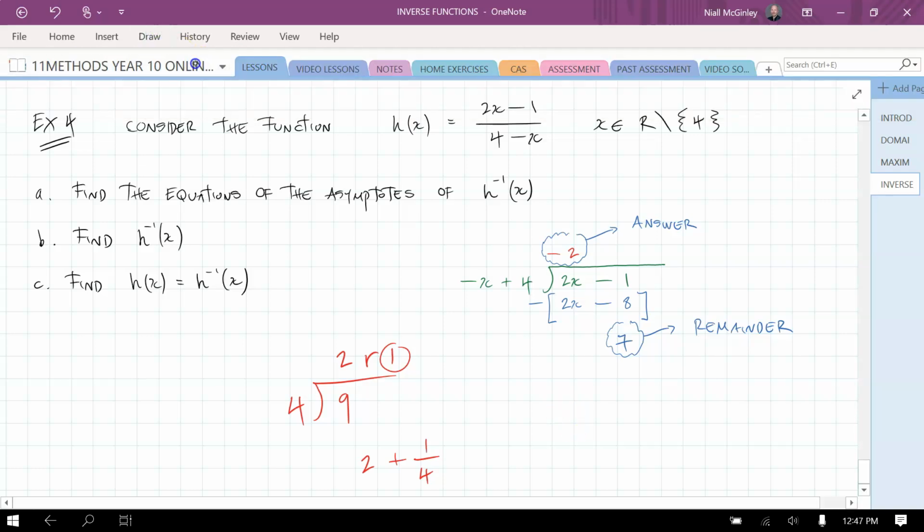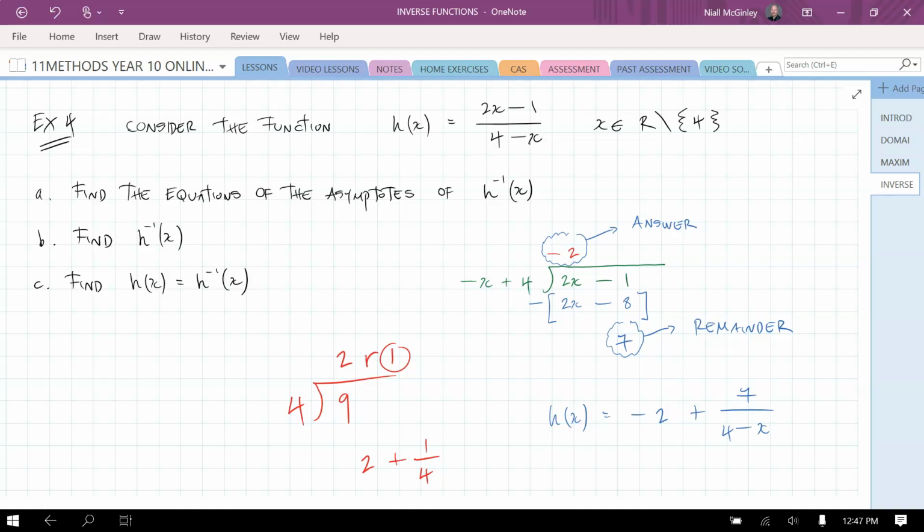I want to write this as h of x. So you write down your answer, which is minus 2, plus your remainder. But your remainder still has to be divided by what you were dividing by there, which is 4 minus x. Now we've got it in this form, it's much easier to get the asymptotes.